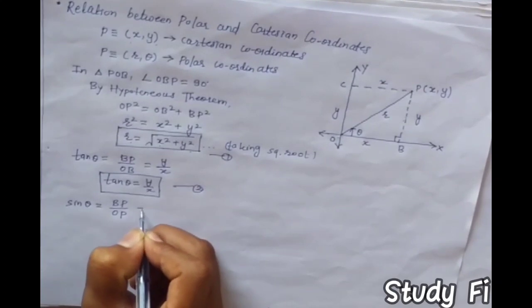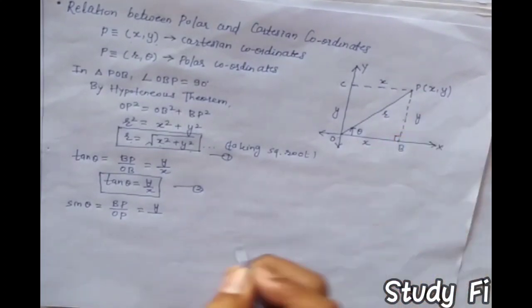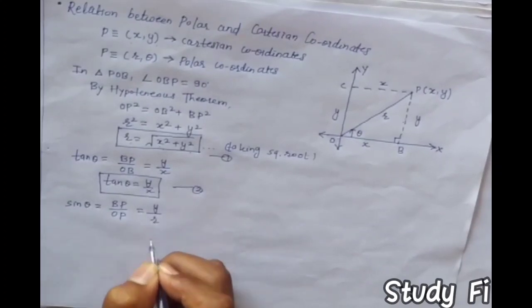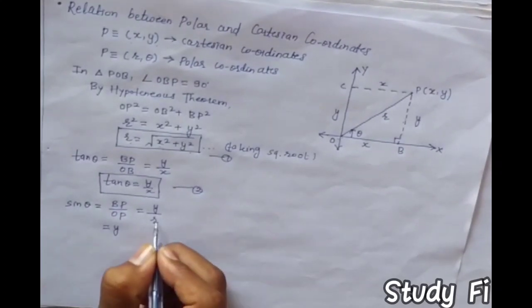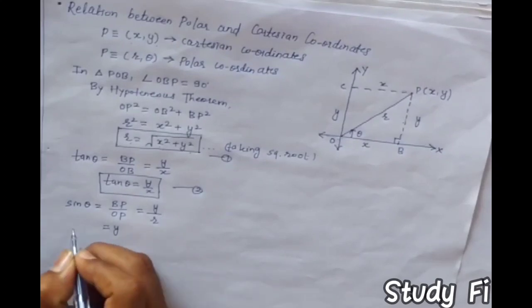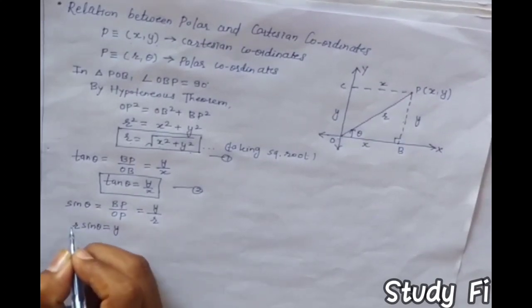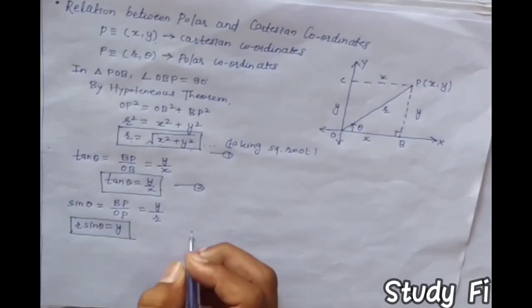The value of BP is y, and OP is r. So sin theta is equal to y by r. Therefore I can write y is equal to r multiplied by sin theta. So we obtained y is equal to r sin theta.